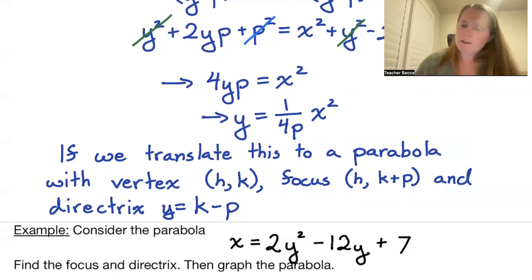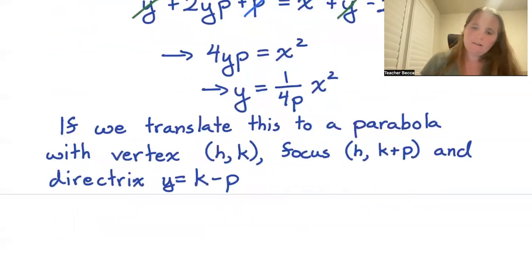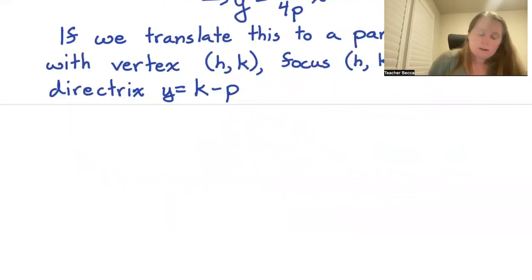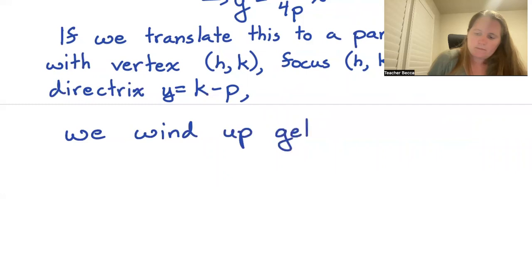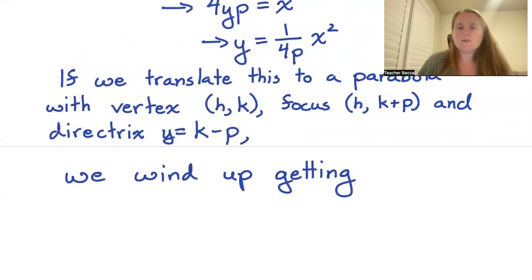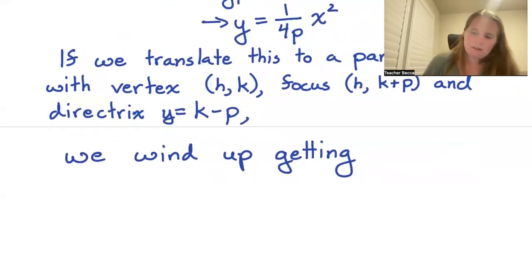Then we wind up getting that a horizontal shift shows up as substituting x with x minus h.